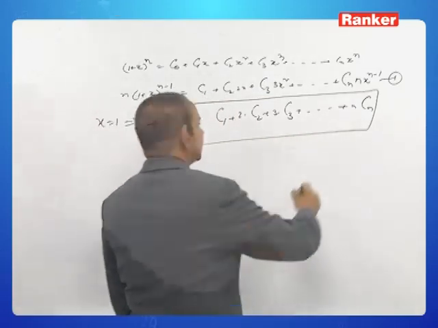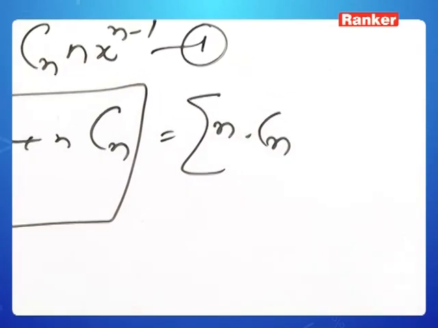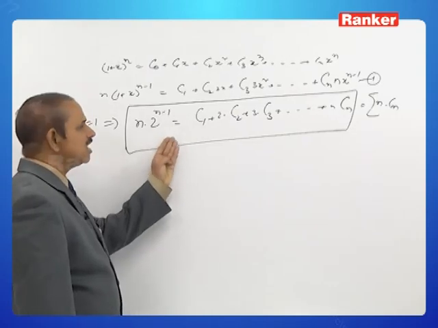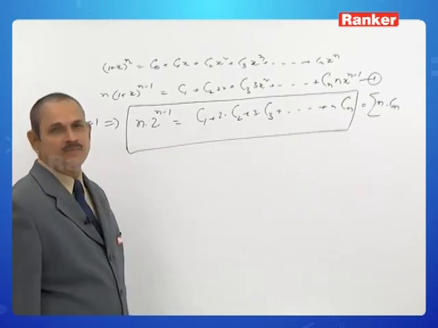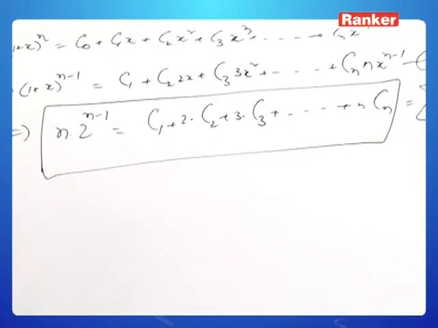Of course, this can be represented as sigma r into Cr. Of course, in the previous, 0 into C0 can also be taken, therefore the sigma notation is meaningful.